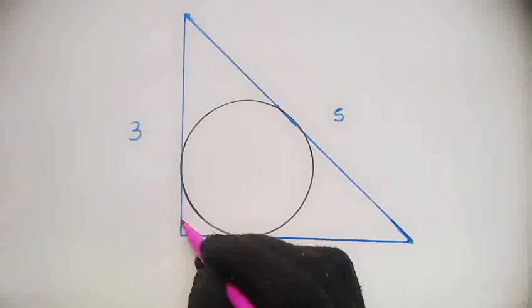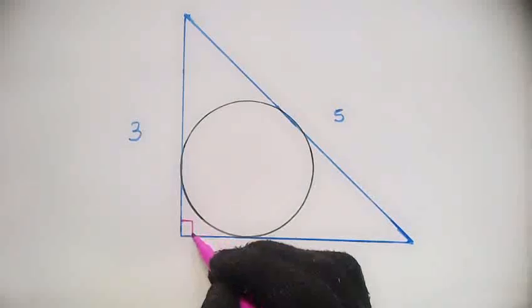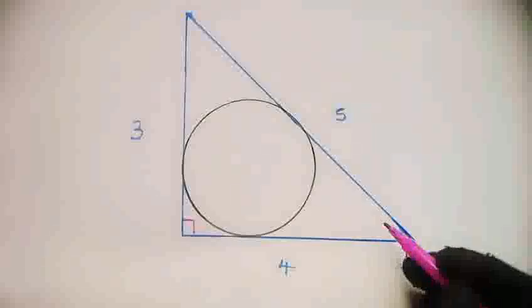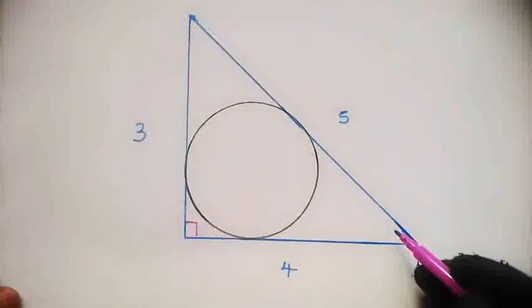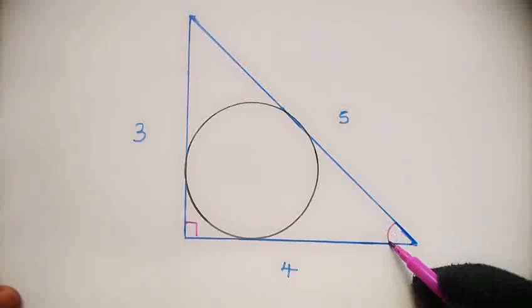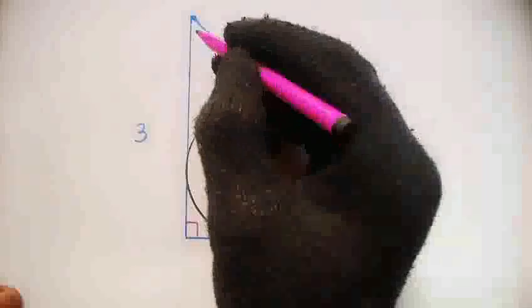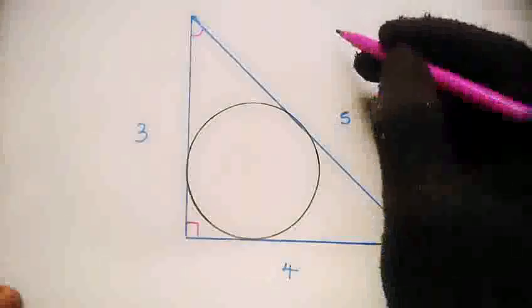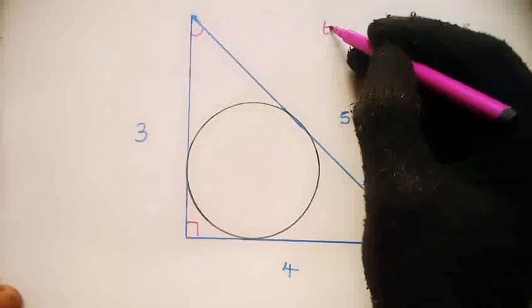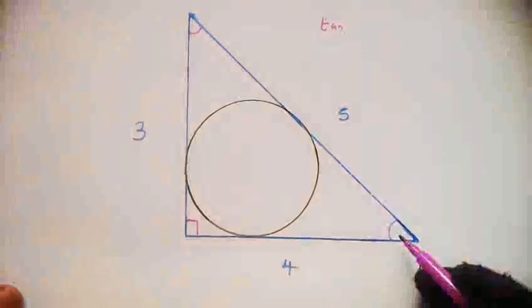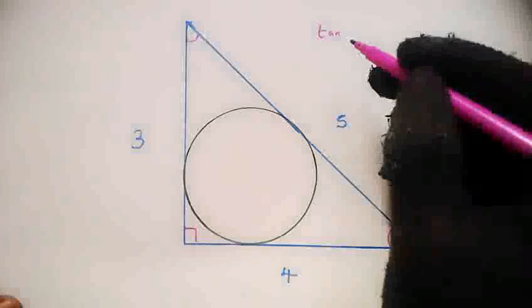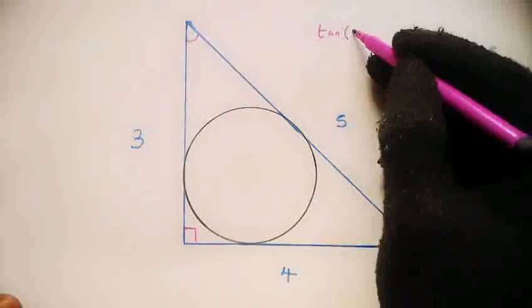Now we all know that this is a right angle triangle, and we need to find this angle here and the other angle here. Okay, now we record that tan of this angle, so let's call that angle theta.